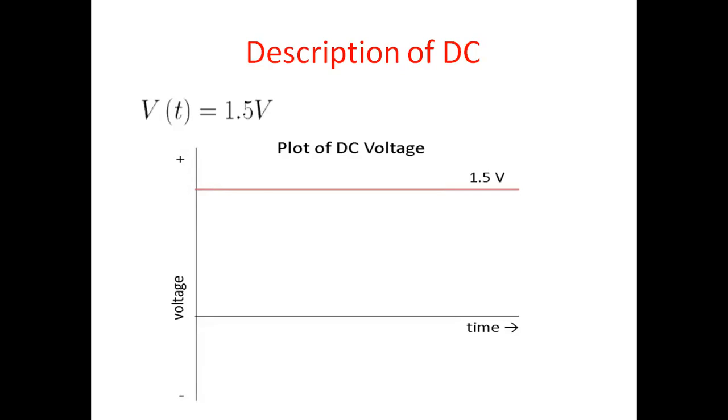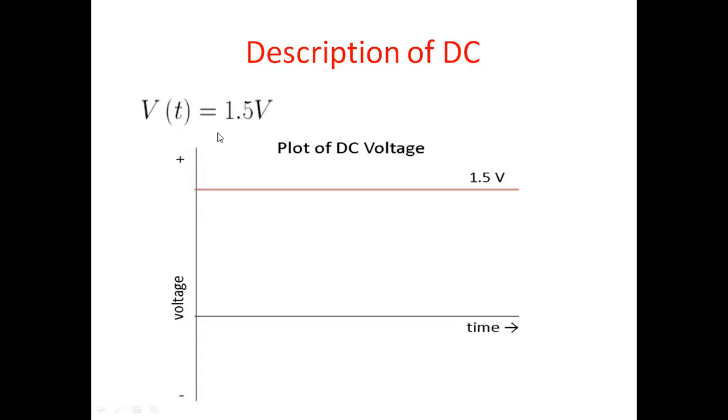That means in the direct current case, the voltage is constant. For example, we are assuming that the battery provides 1.5 volts, which can be described in mathematical terms as V of t equals 1.5 volts.